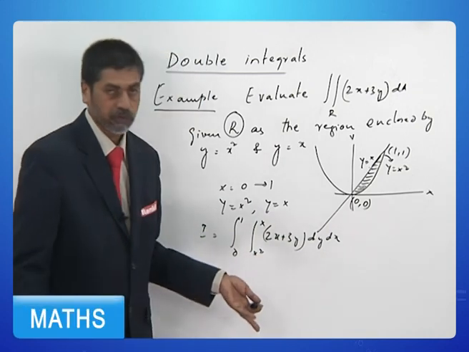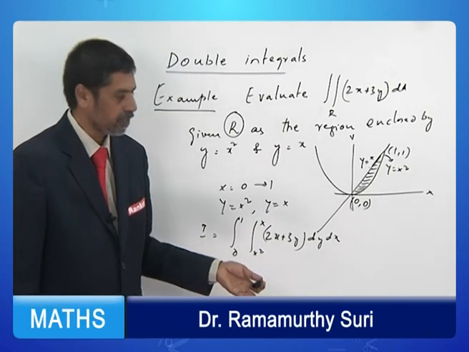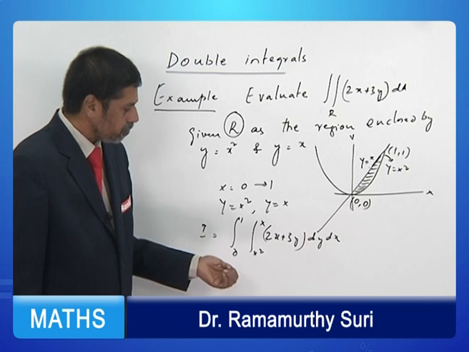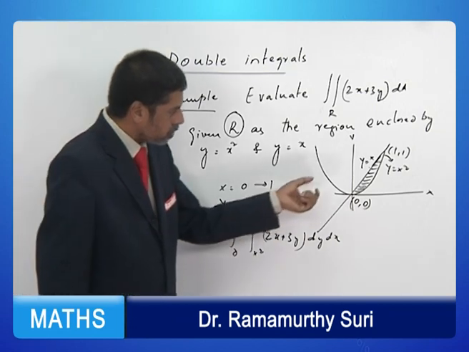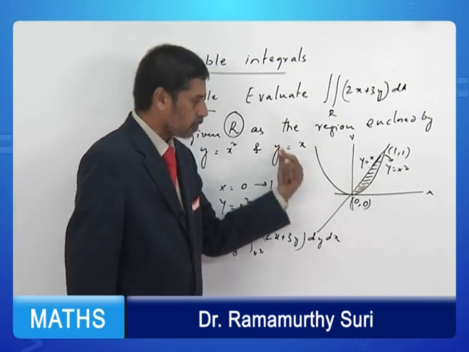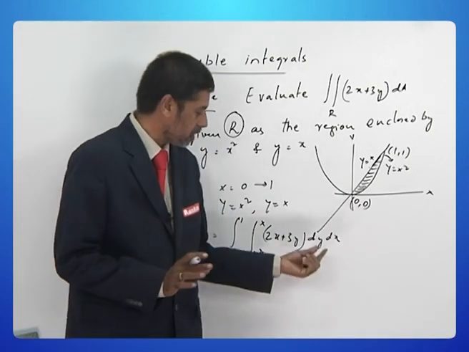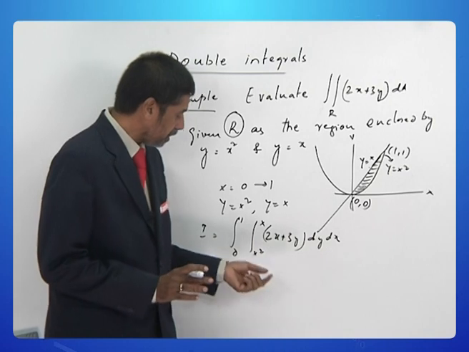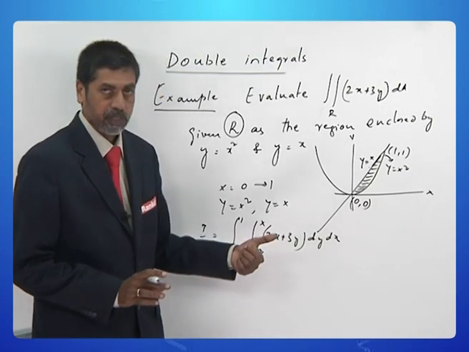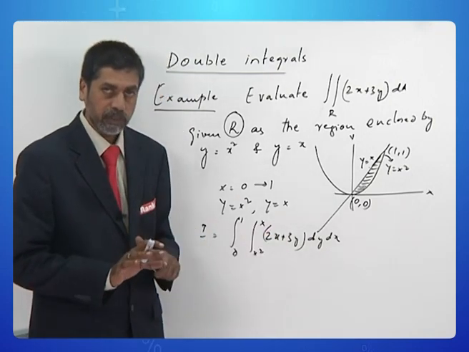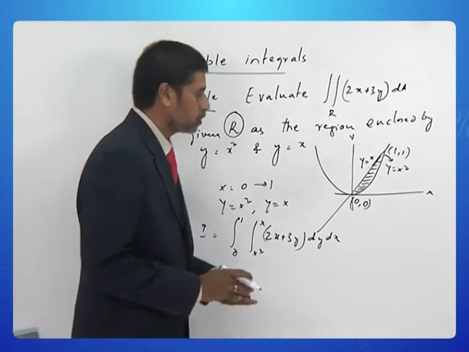Of course, evaluation is a very small job now. We completely understand. So we can also do this problem in the other way, that is in such a way that the order of integration becomes dx dy, but then the reversal of limits will take place. So if that were to happen, let me tell you how that should be understood.